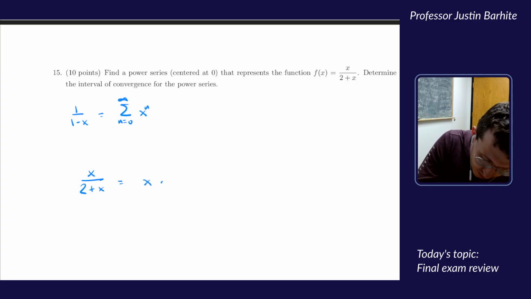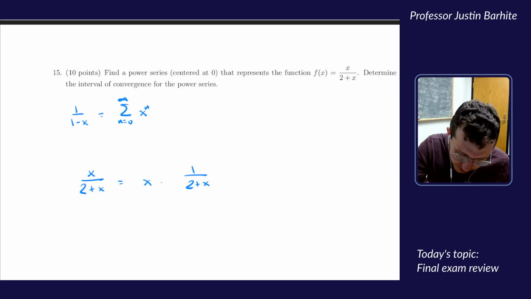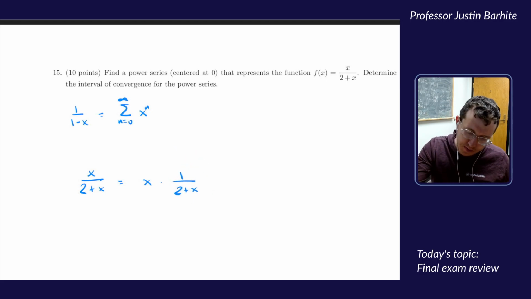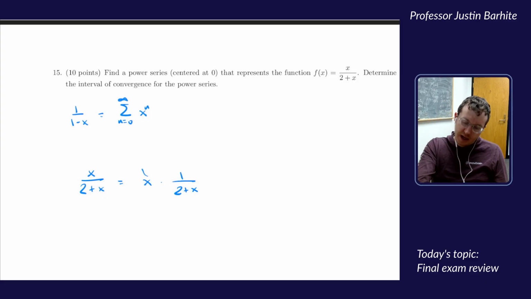So the first and easiest thing that we can do is to just sort of pull the x out. So now at least I have the right numerator. And we saw an example like with the x to the 4th arctangent of x cubed. We saw that if you want to multiply your function by x to the 4th, you just multiply the power series by x to the 4th.